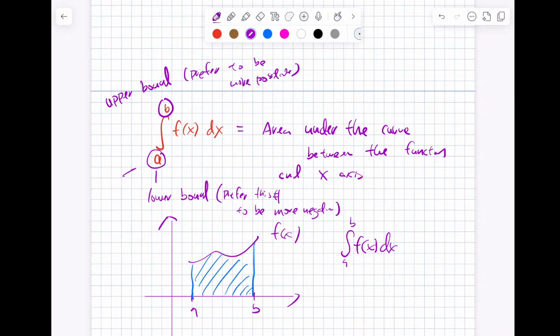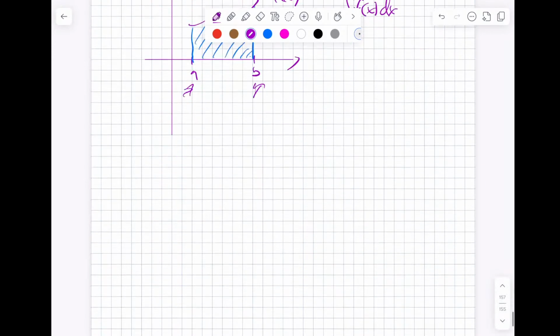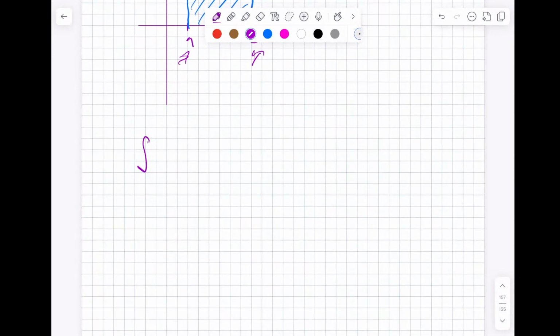Why? Because it should start from a lower value and go to a higher value. If it's the other way around, we have to use the other property. Is this okay? So what do you think the integral of 4 dx between 2 and 5 is?